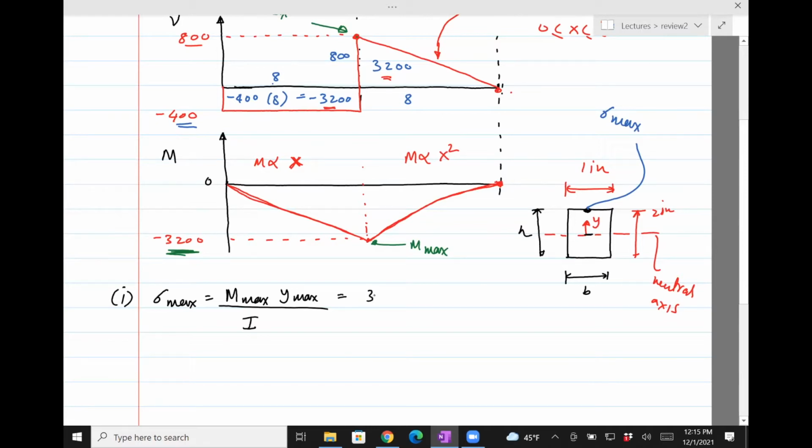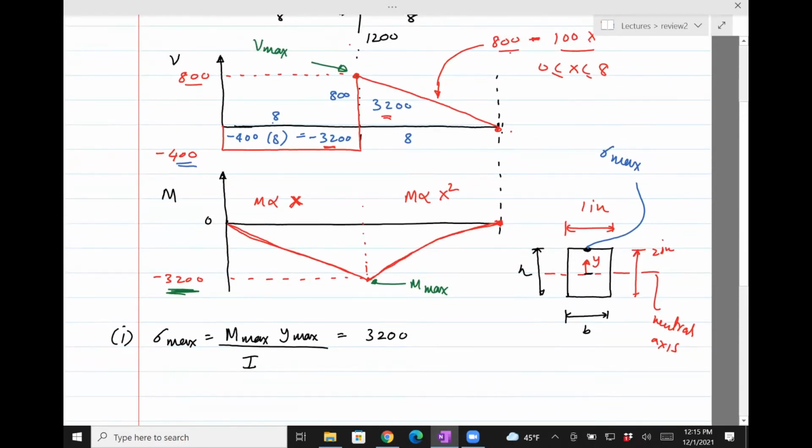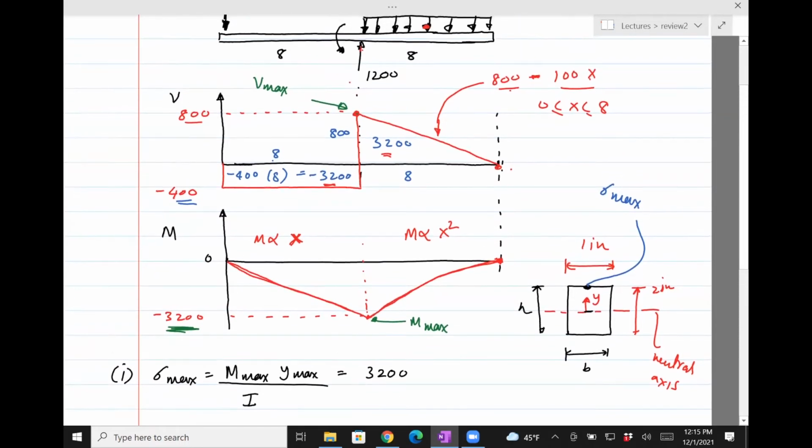All right. Hold on. Is the sign right? Let me check something. I'm trying to go back and see the sign convention I used for bending moment diagrams.